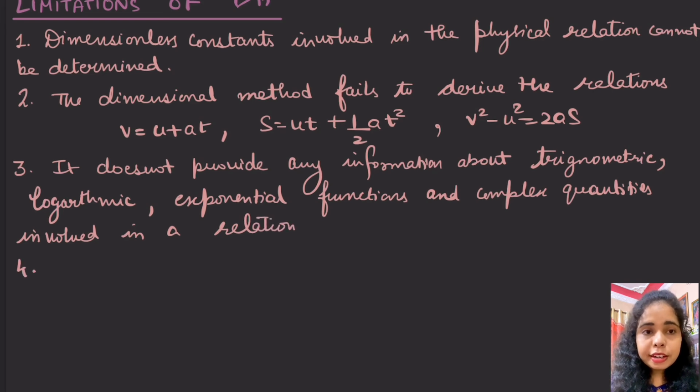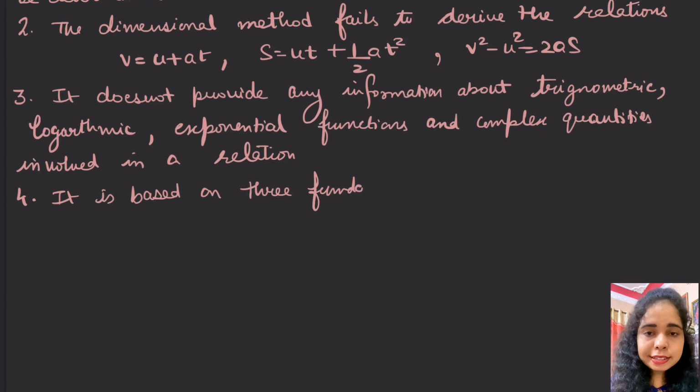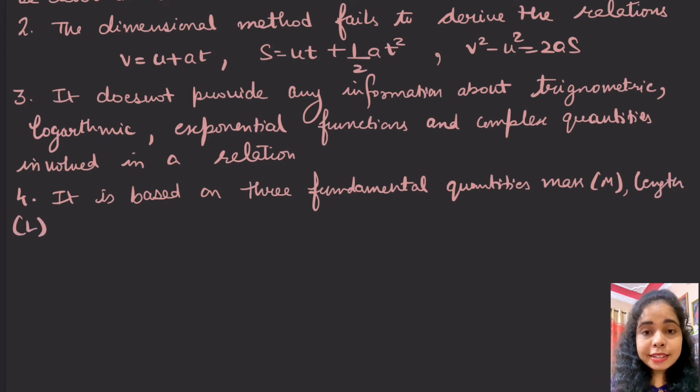The fourth disadvantage or limitation of dimensional analysis is that there are only three fundamental physical quantities which are involved while we use dimensional analysis. These three fundamental quantities are mass, length, and time. So if we have any relation which involves any other independent quantity, such as temperature, intensity of light, or quantity of matter, in that kind of relation dimensional analysis fails to develop such relations.